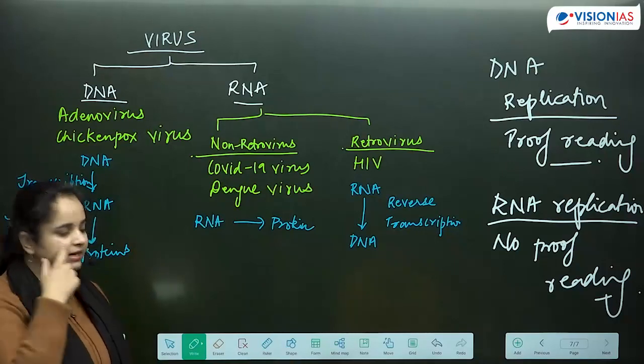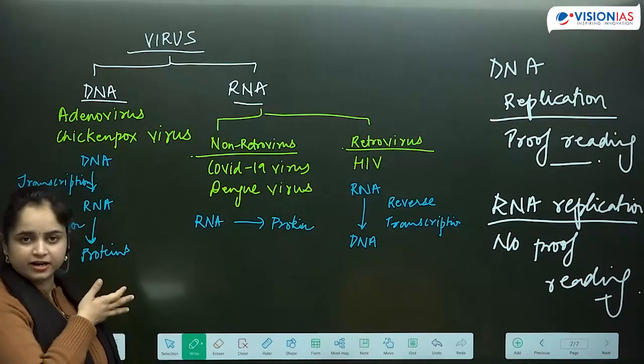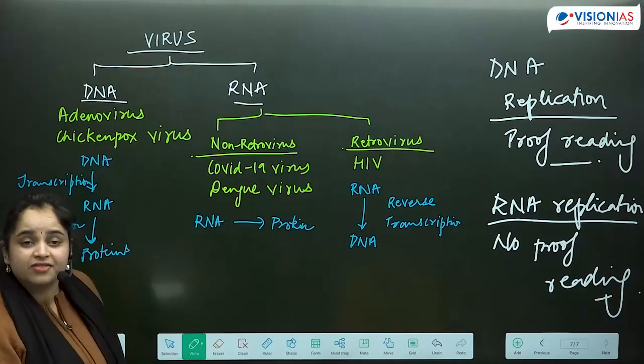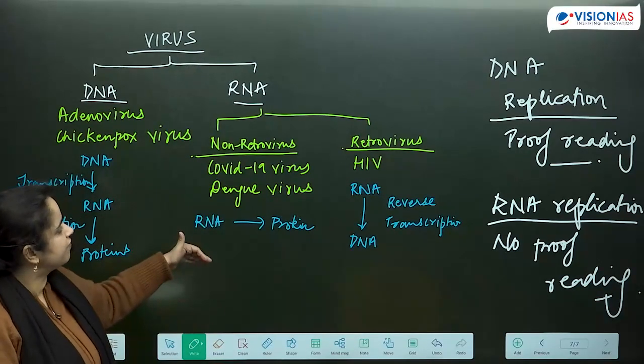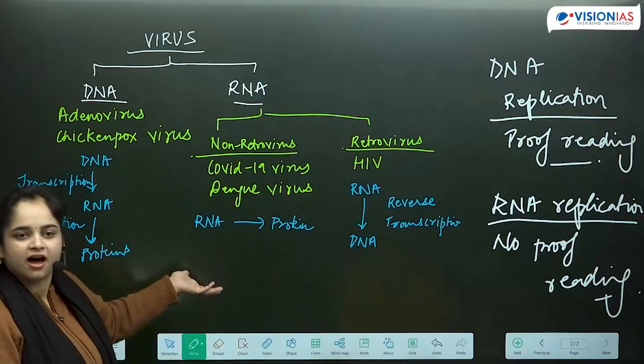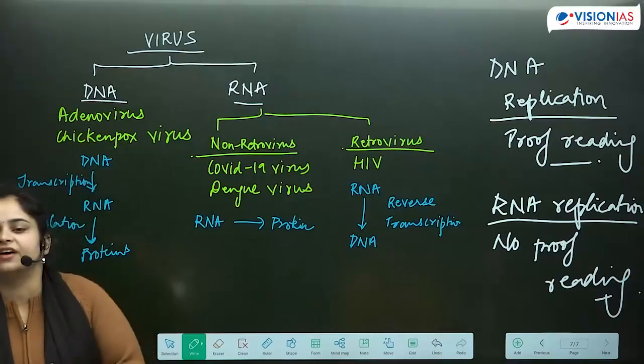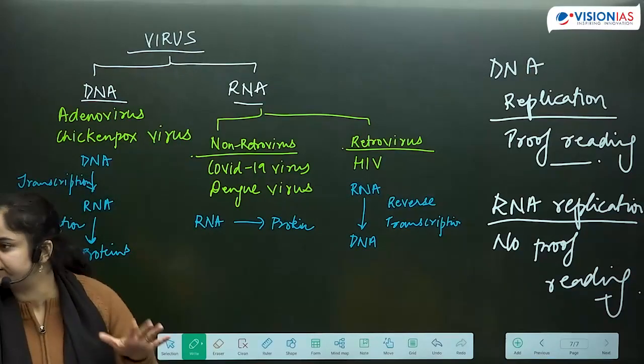So while creating new RNA in RNA organisms, there will be errors. And that is why you will find when viruses are RNA viruses, very quickly they will have new varieties. And I think we've all observed that with COVID.